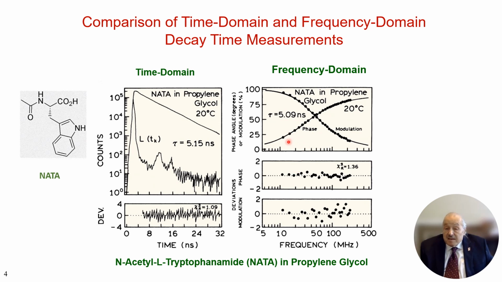We have phase data and we have modulation data. So we plot those two deviation plots, and from that we calculate an overall chi-squared, which is the goodness of fit parameter, which looked pretty good for this. So NATA is a single exponential decay, but it's good to see the two data sets side by side.